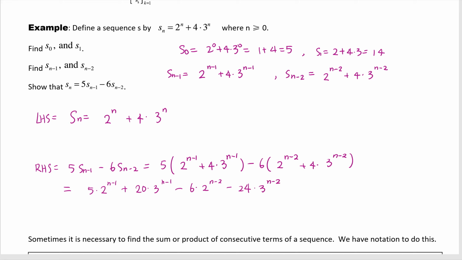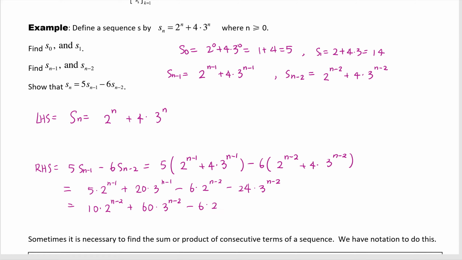We can see that in order to combine them, we need to split off an extra 2. When we split the 2, 5 times 2 is 10, so 10 times 2 to the n minus 2. We do that because then we can create like terms and combine them. Here we split the 3, then we have 3 times 20 is 60, and 3 to the n minus 2 left.